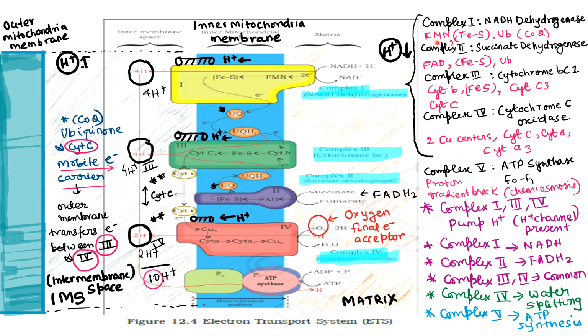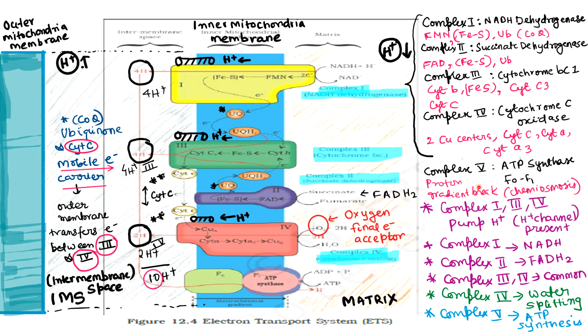Before that, let us see what the different complexes in ETS are. I told you in ETS there are 5 complexes, and the 4 complexes 1, 2, 3, 4 help in the movement of the electrons, while complex 5 is the ATP synthase unit, which has the F0 and F1 units, just as we saw in photosynthesis.